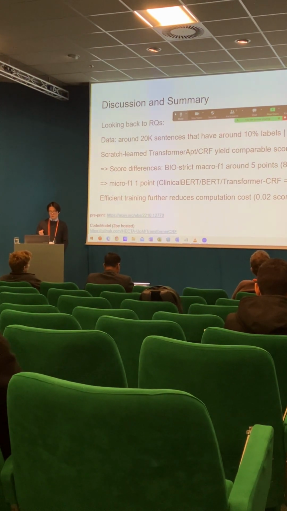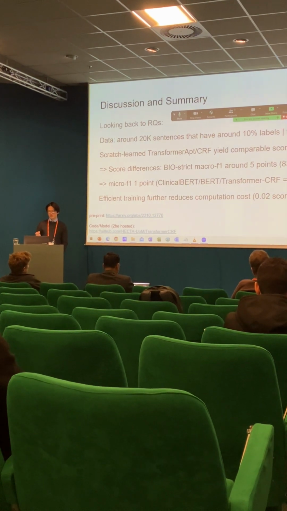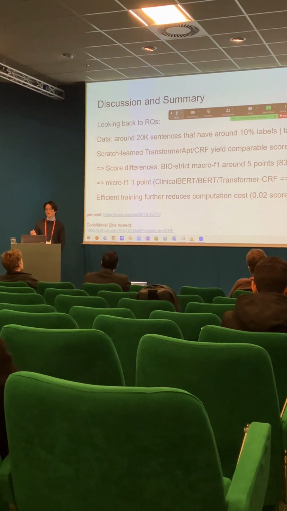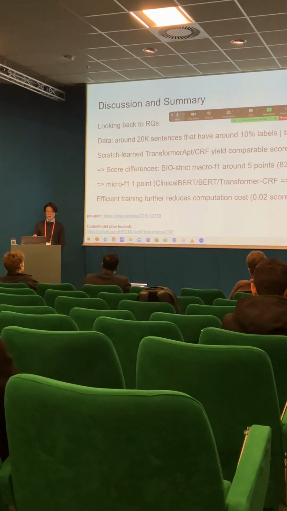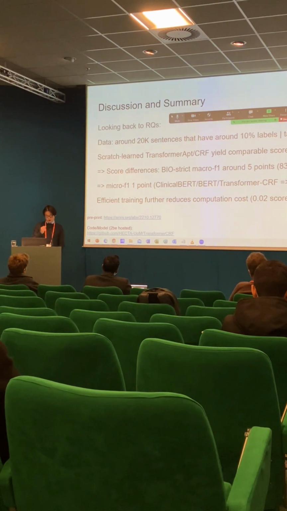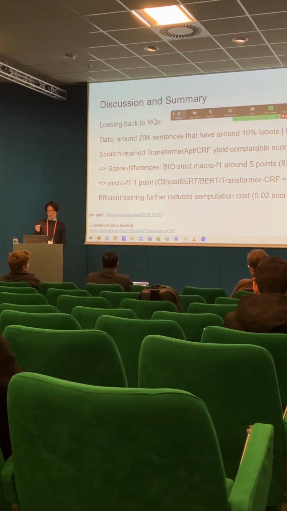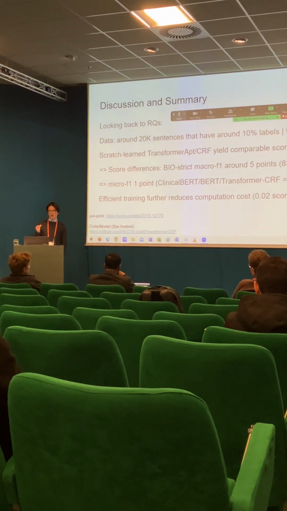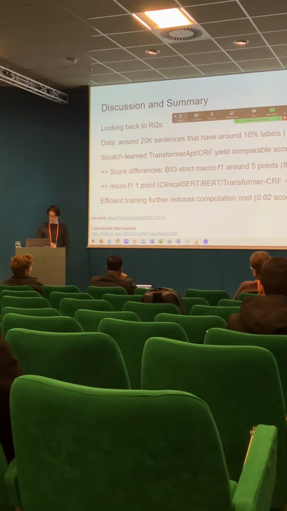The scratch learned transformer, adaptation layer, and transformer CRF produce a score very comparable to fine-tuned PLMs, which use a vast amount of data to pre-train. The score difference is 5 points, but it narrows down to 1 point in the ablation evaluation or the weighted average.